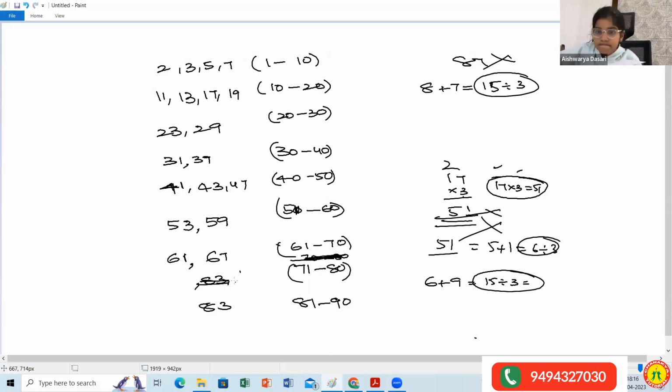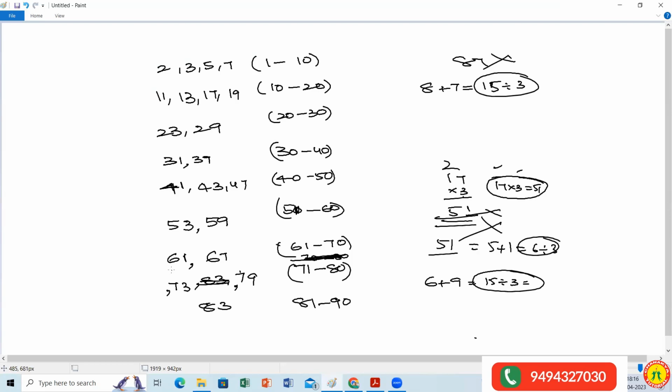79. 79, where 7 plus 9, good. 79. 73. 73, good. And 77, ma'am. 77 goes in the 11 table. Check with 71 once, please check, Aishwarya.